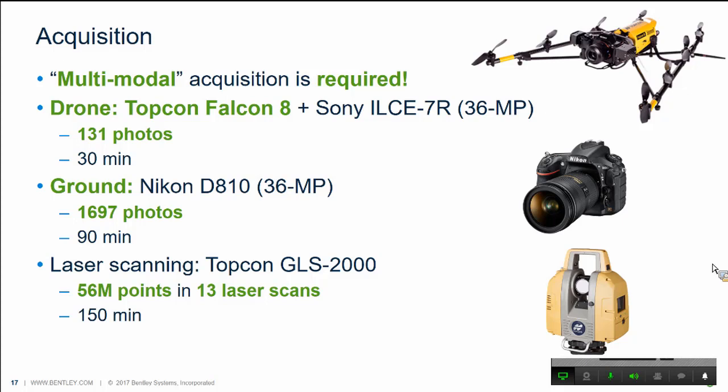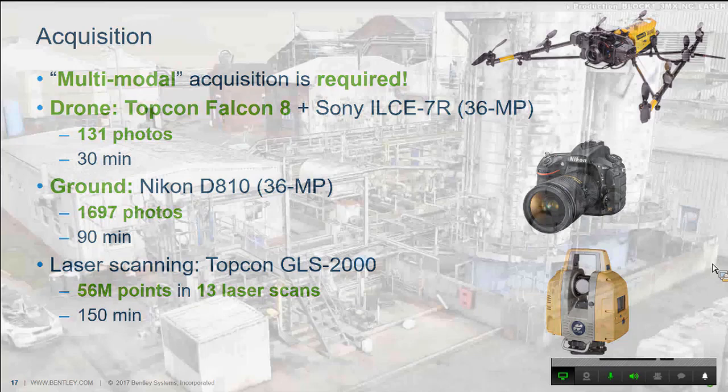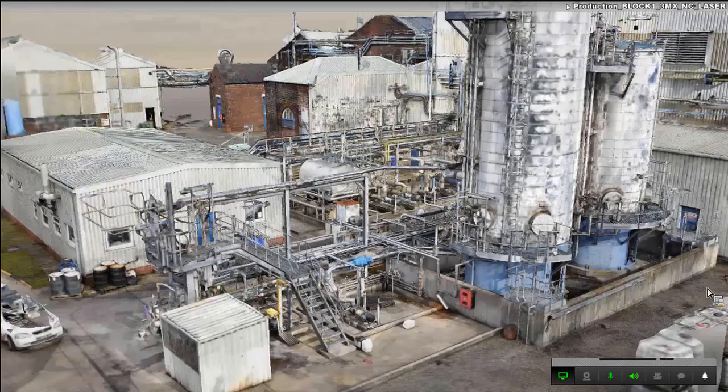Also from the ground, we used a laser scanner, Topcon GLS 2000, and we captured 56 million points in more than 2 hours. Here is a short video of the results that we got.